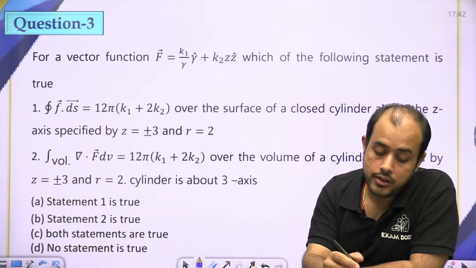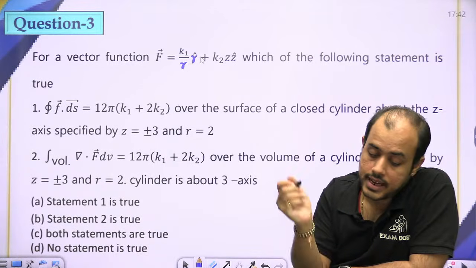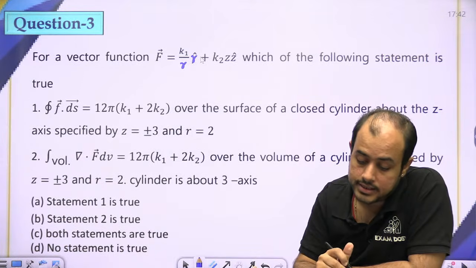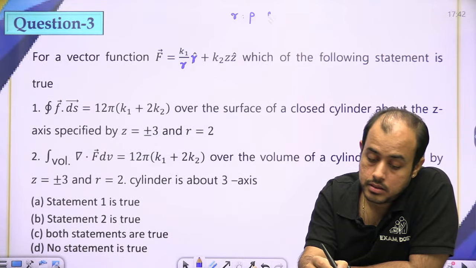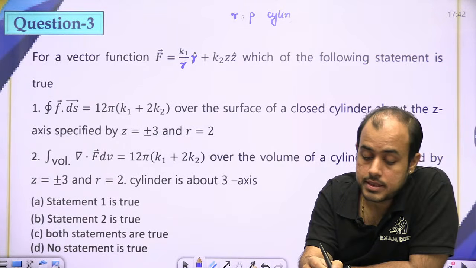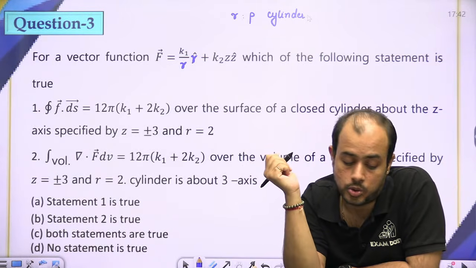I am giving you a vector function. Yeah, this R is actually rho cap because it is the cylinder. Sometimes in a cylinder they use the term R instead of rho.